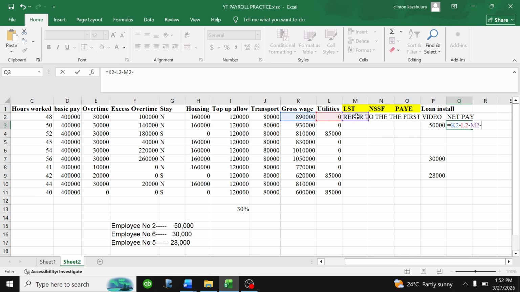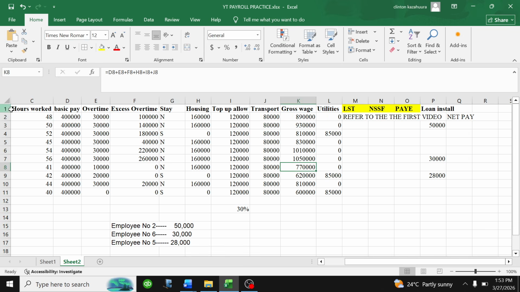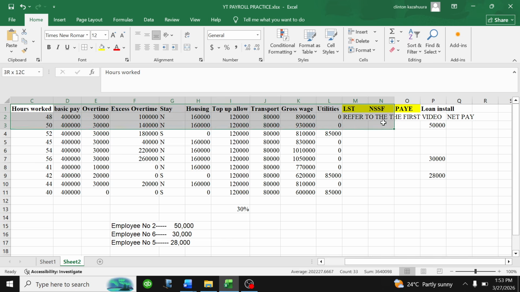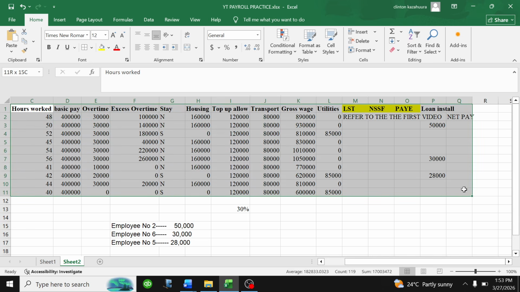You subtract NSSF. You subtract pay as you earn. You subtract the final loan installment. So when you press enter and then apply to all these other, then you'll be able to have your payroll ready. So I advise you never stop here, always beautify your work.